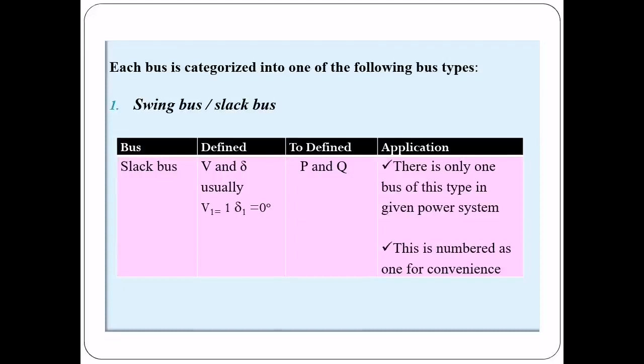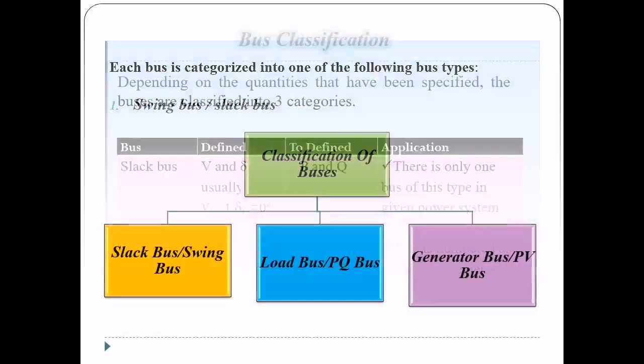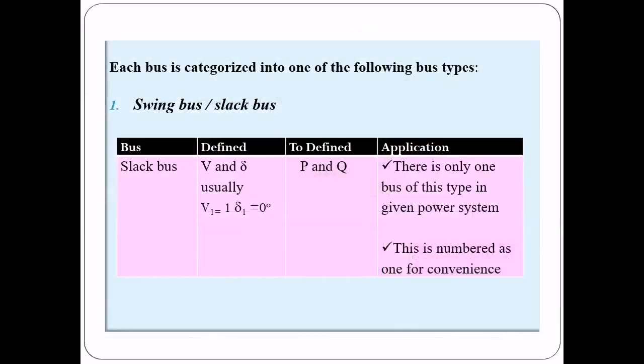Now you see clearly in this slide, the swing bus or slack bus, in which the specified values and the values to be calculated are all mentioned here. So first, the slack bus: the defined or given values V and delta are normally given.